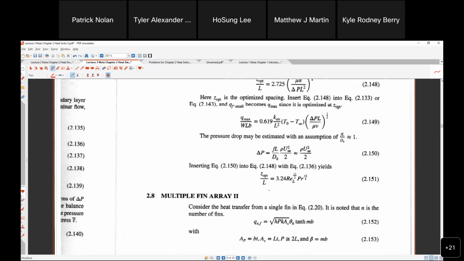And we found this. This is forced convection. We need a Reynolds number, Prandtl number, and the optimum. Say yes. So you can optimize spacing for forced convection and free convection.